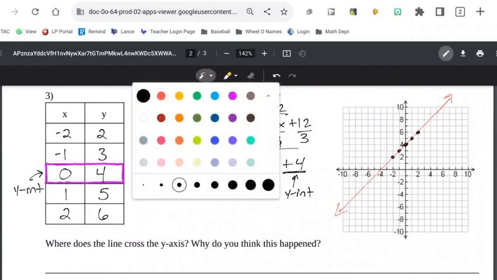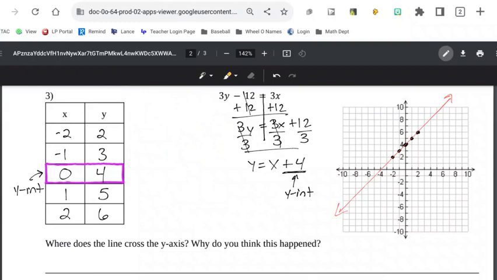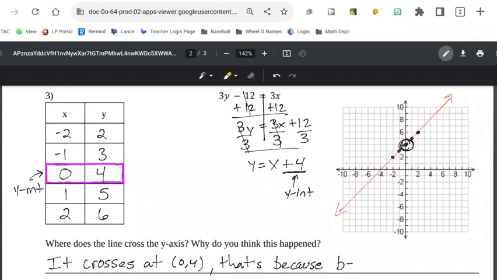Okay, so let's talk about it. Where does the line cross the y-axis? Why do you think this happens? So the line crosses the y-axis higher on the graph. Specifically, it crosses at 0, 4, and that's because b equals 4, right?